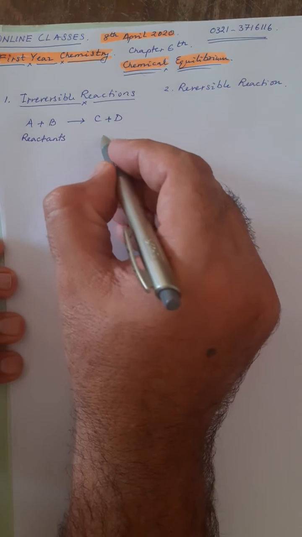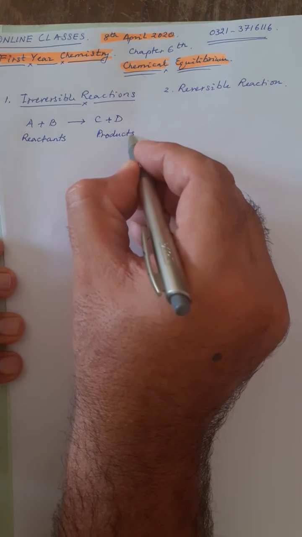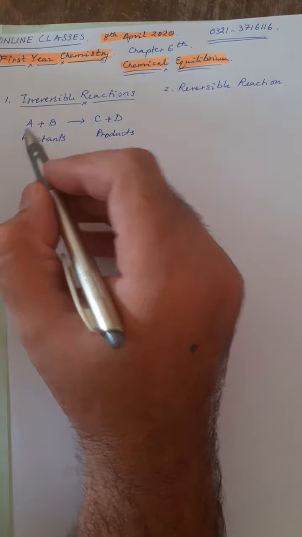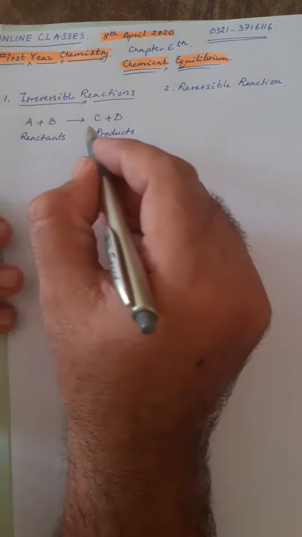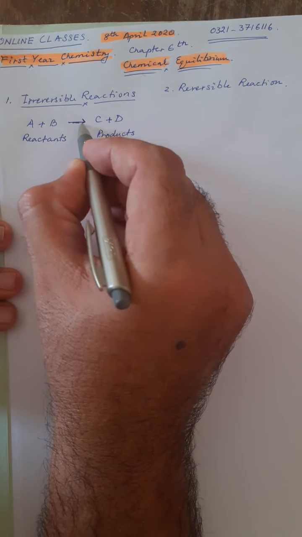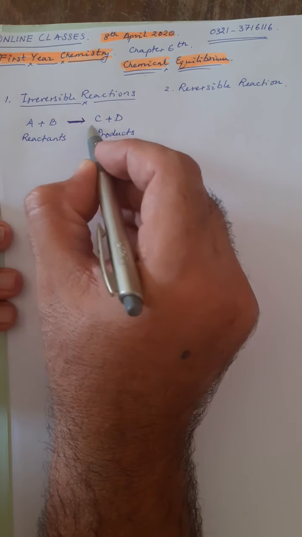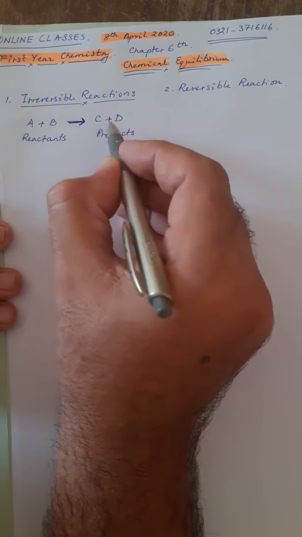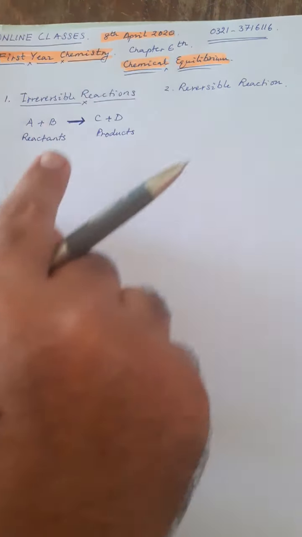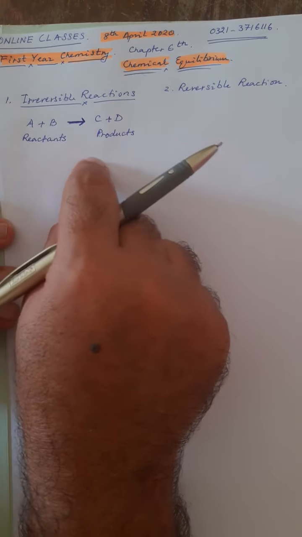So they are called products. Now, reactants, products. You can see this arrow has only one direction, which means that A and B can become C and D, but C and D cannot become A and B. This is an irreversible reaction. This is how we represent a one-way reaction.